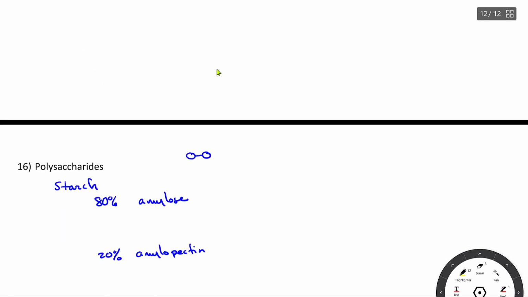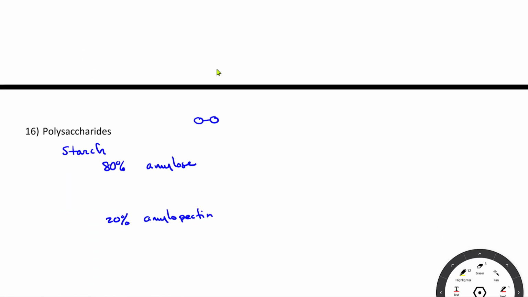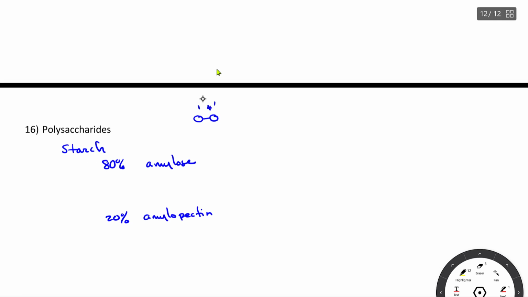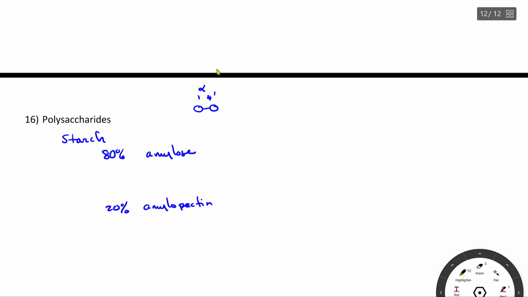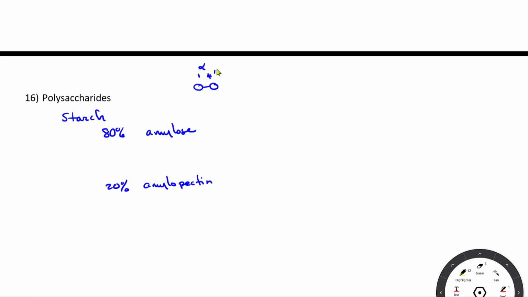Now, polysaccharides can be drawn like this, and this is 1,4 glycosidic, and in this case it's alpha. For cellulose, it would just be beta, and the equivalent for amylose would be the same structure like this, over and over and over again.